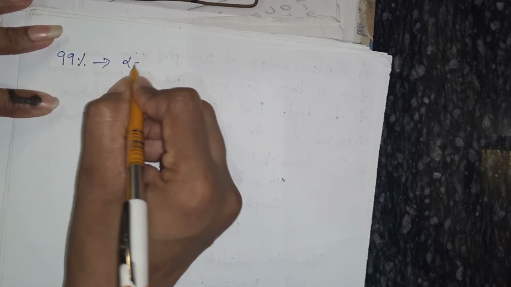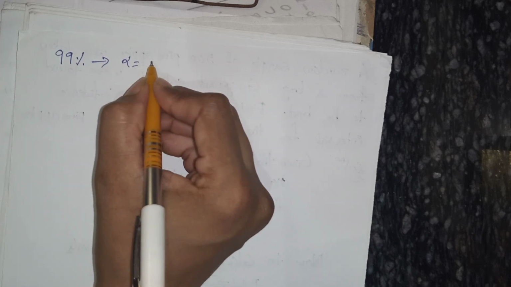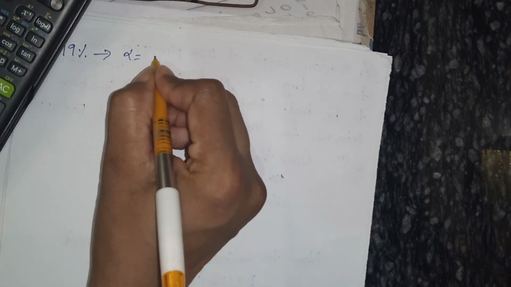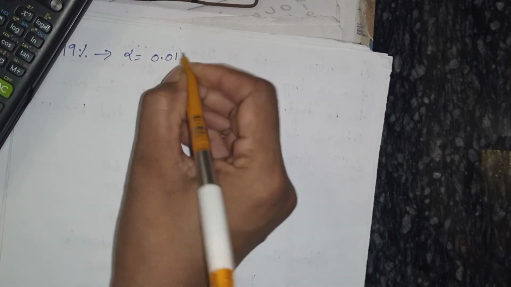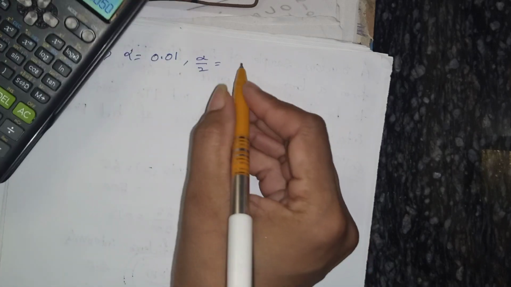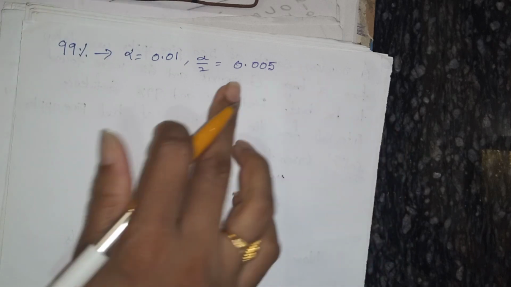Alpha is 1%, which is 1 divided by 100, so that equals 0.01. So alpha by 2 is 0.01 divided by 2. How much did we get? 0.005.